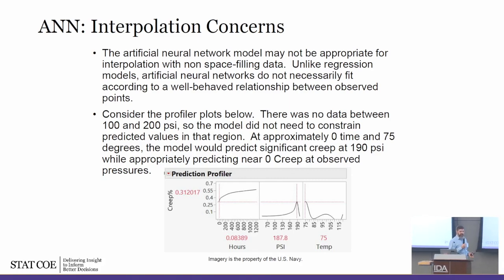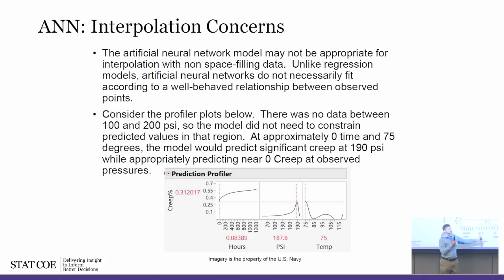This was a designed experiment in which we had 3 specific levels of the factors. Now, this correctly predicted that there would be no creep when you first start at time 0 for 70 psi, and approximately the same for 100 psi. Or, sorry, 50 and 100 were our numbers there.